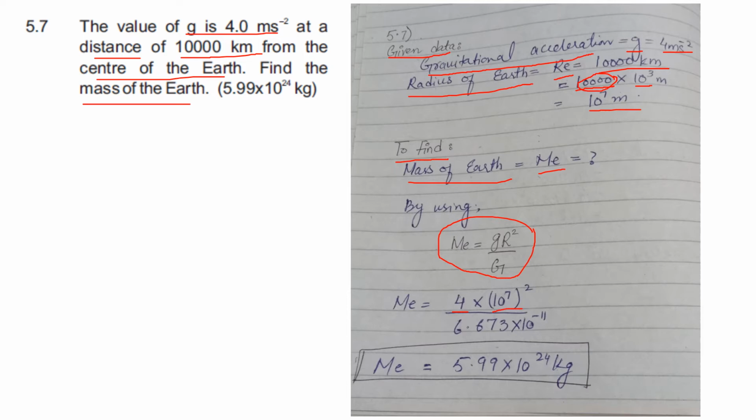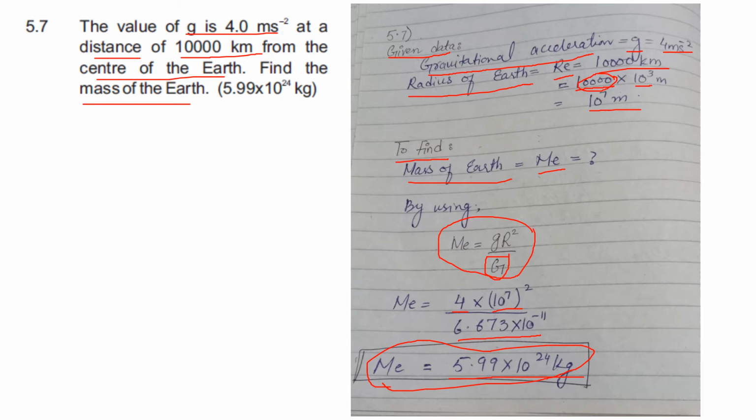The value of capital G is a universal constant, and that is 6.673 into 10 raised to power minus 11. By using a calculator, when we multiply and divide these values, we get the mass of earth, that is 5.99 into 10 raised to power 24 kg. So this is our answer according to the problem.